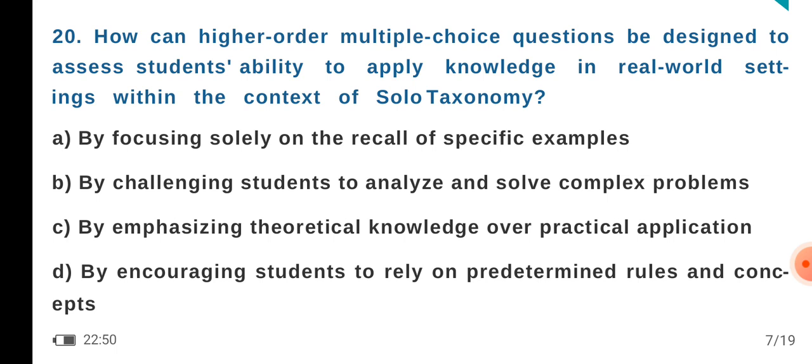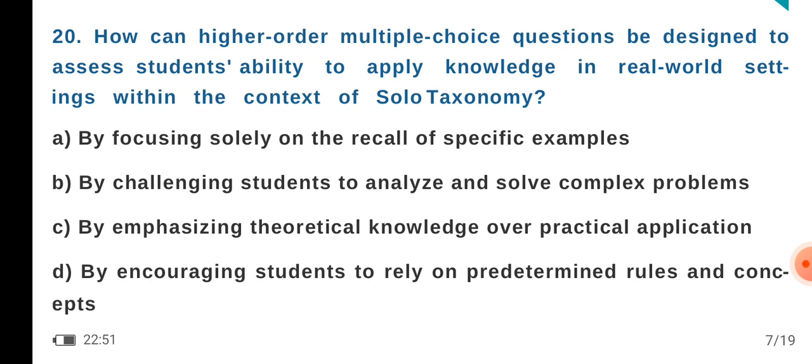Letter A, by focusing solely on the recall of specific examples. Letter B, by challenging students to analyze and solve complex problems. Letter C, emphasizing theoretical knowledge over practical application. Letter D, by encouraging students to rely on predetermined rules and concepts.